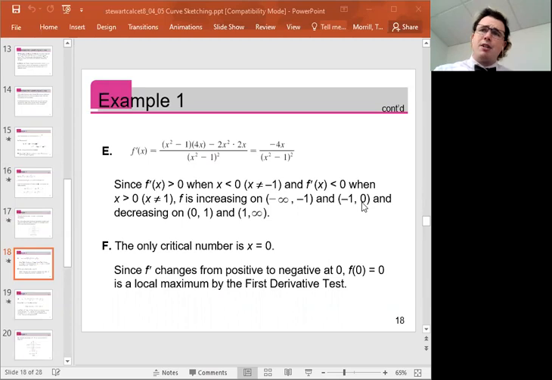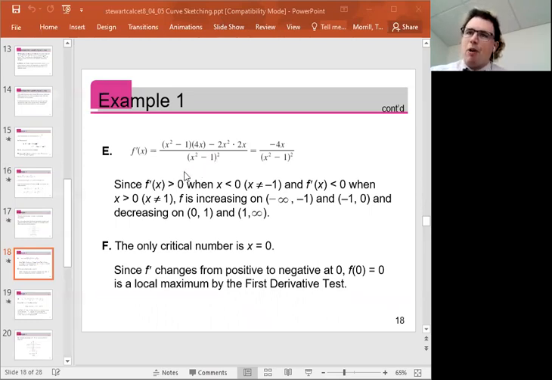Where is this function increasing? I will compute a derivative. Here I will need to use the quotient rule. And after the dust settles, the first derivative of this function is just going to be negative 4x, all on the square of the quantity x squared minus 1.